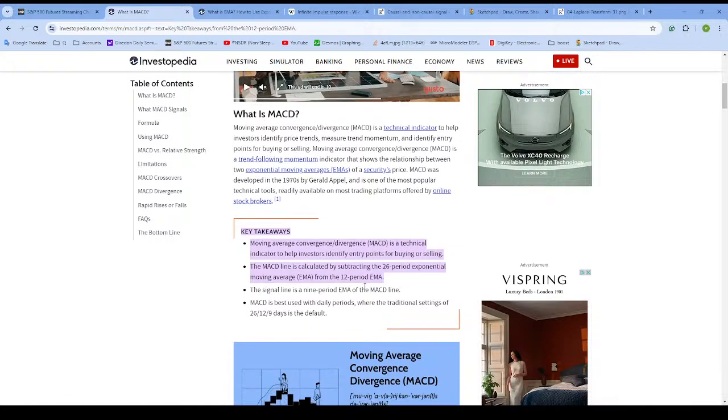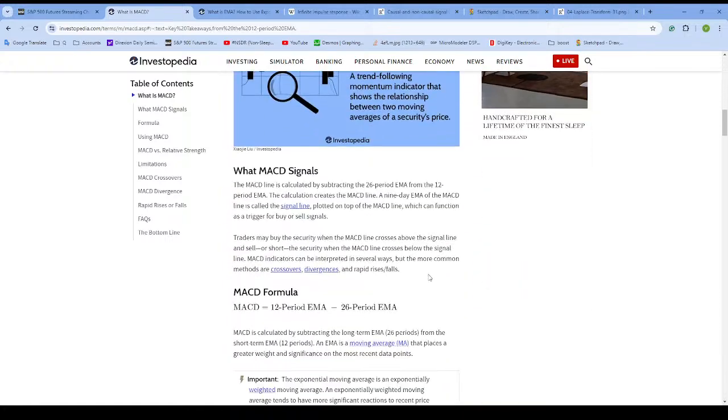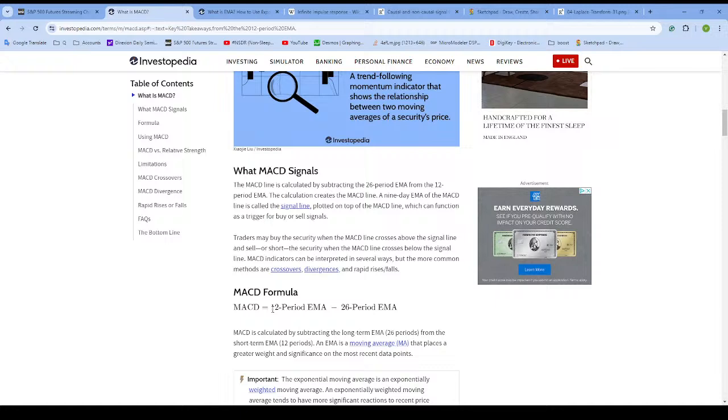Basically, what it does is take the exponential moving average of your desired stock signal, based on the period that you decide. Let's say, for example, in this case, it says 26 days, 12 days. Subtract those, and it becomes MACD. So what is EMA?